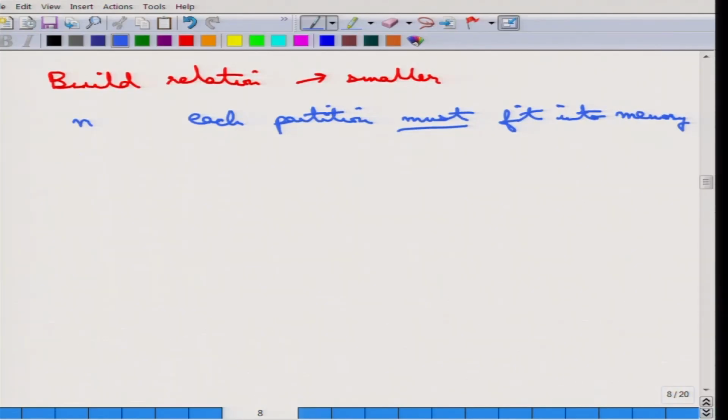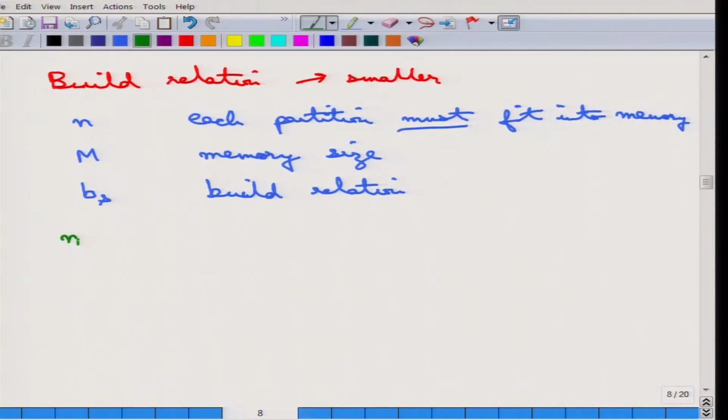Suppose M is the memory size in number of blocks, and suppose the build relation has BS blocks. Now, what we want is that n should be greater than or equal to BS by M. Why is this required?